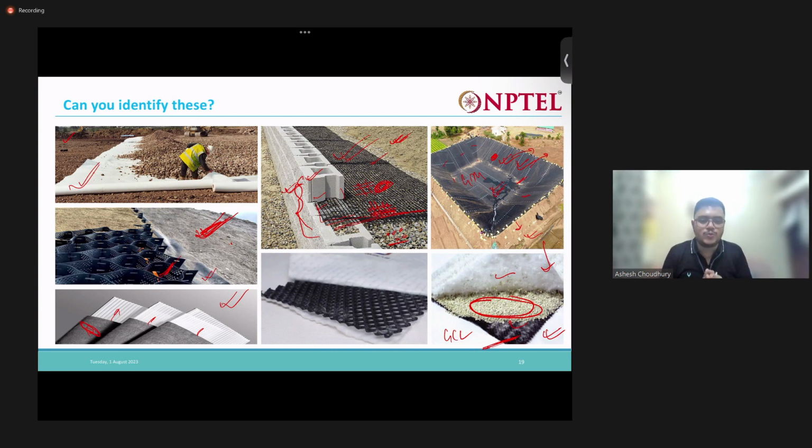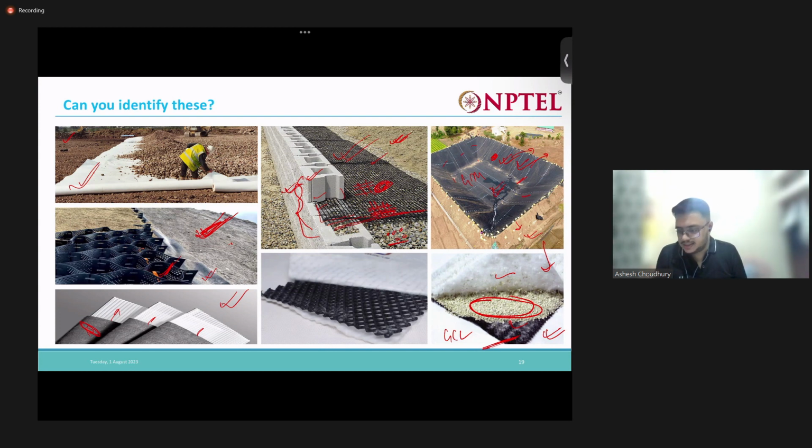So we want to accelerate the consolidation process, let the maximum consolidation happen, and only after the consolidation is over will we construct the structure over it, right? To help accelerate the consolidation process, these PVDs are used.